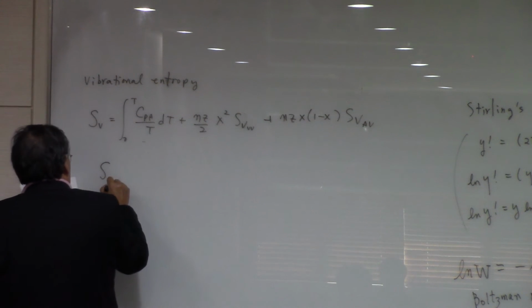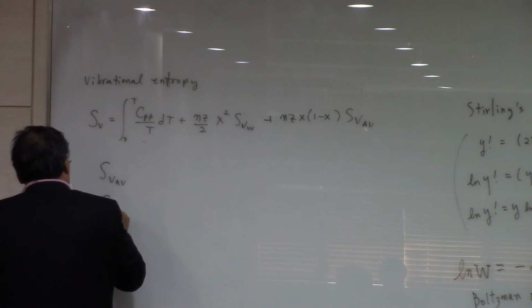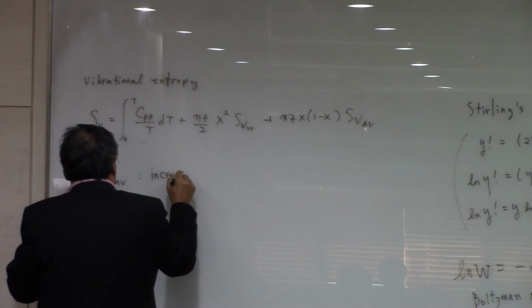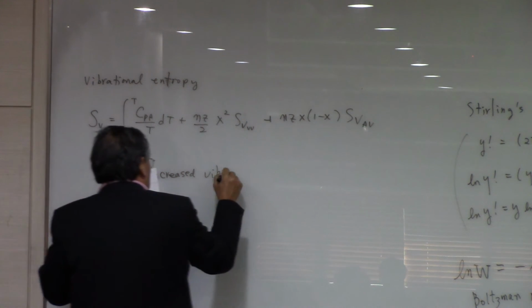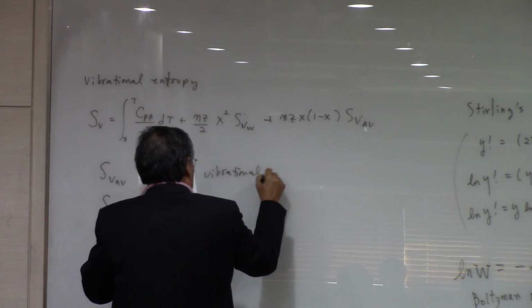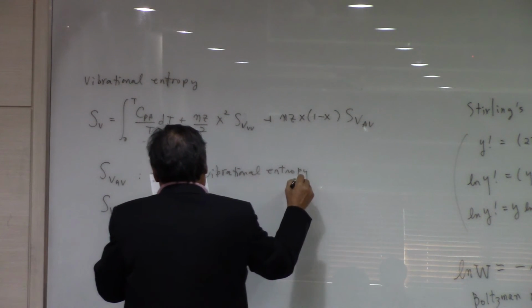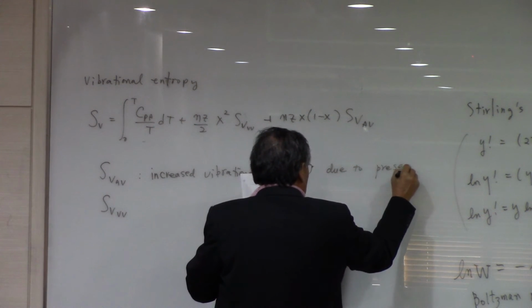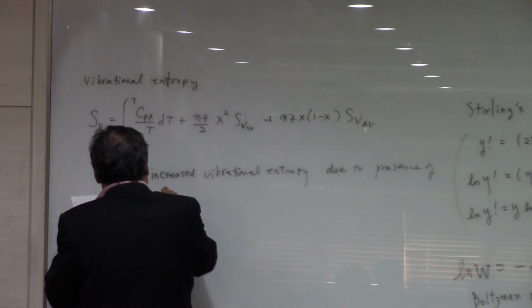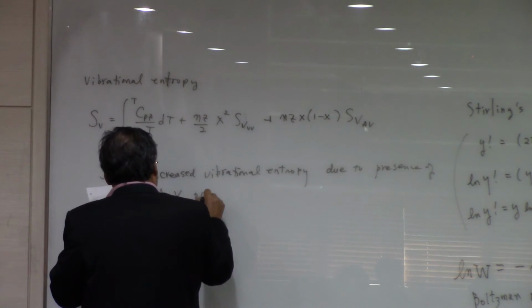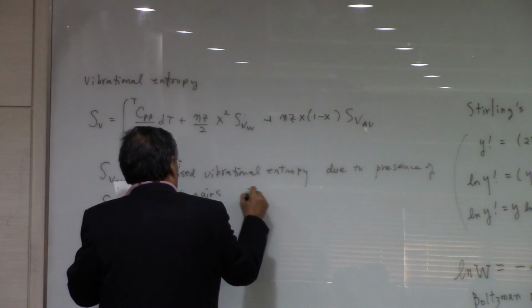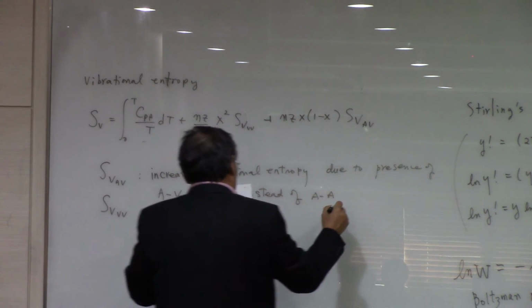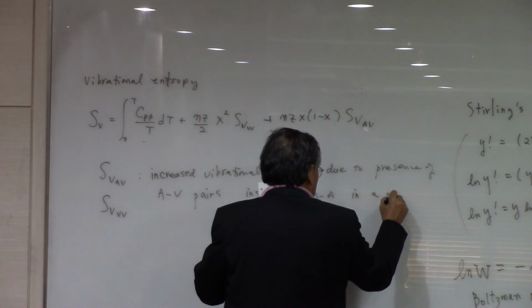Here the S free AV and S free VV is increased vibrational entropy due to presence of AV pairs instead of AA in a pure material.